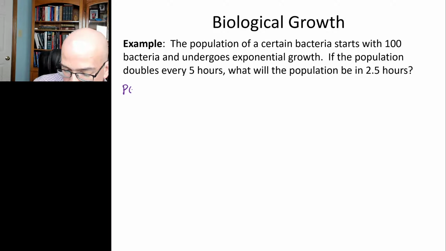So we found P of t is equal to 100 times 2 to the t over 5. We want to evaluate this at 2.5. So 100 times 2 to the power of 2.5 over 5.